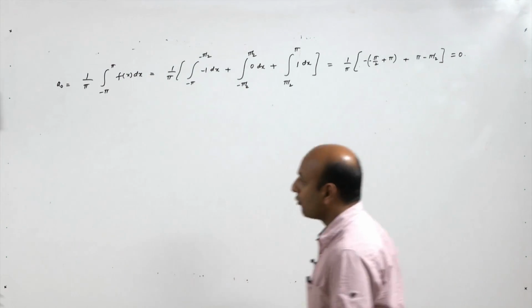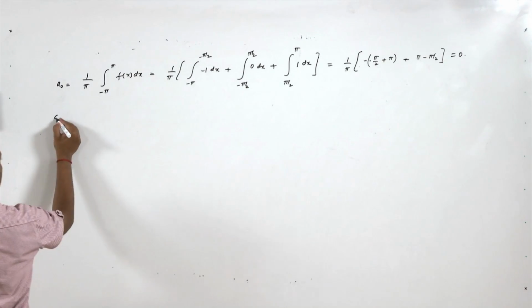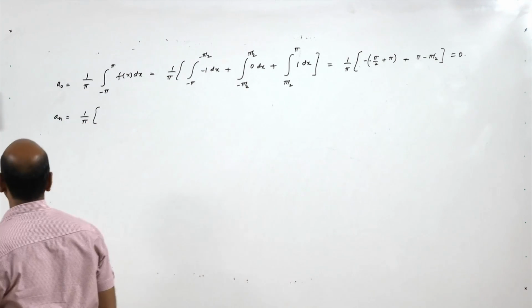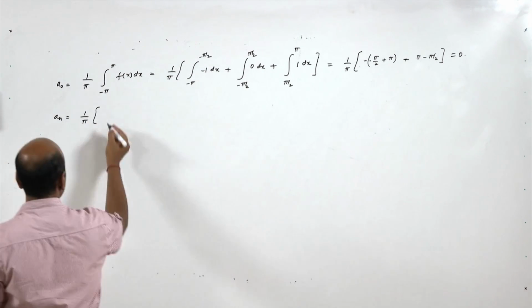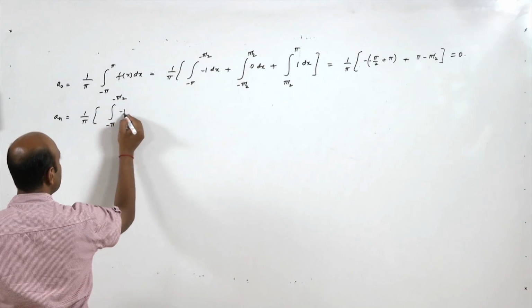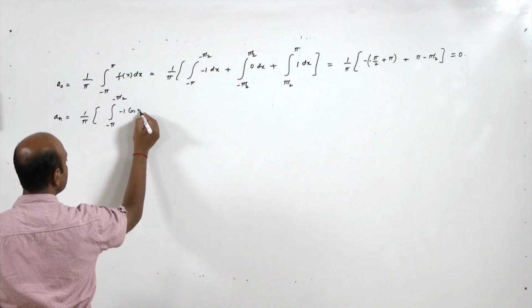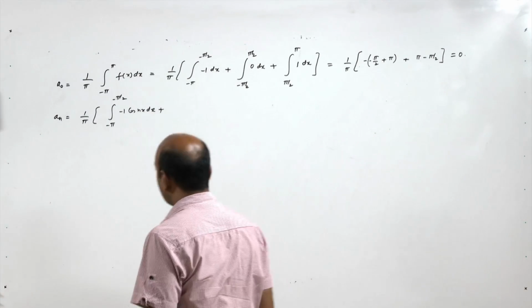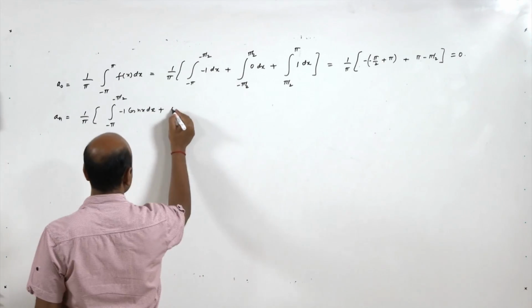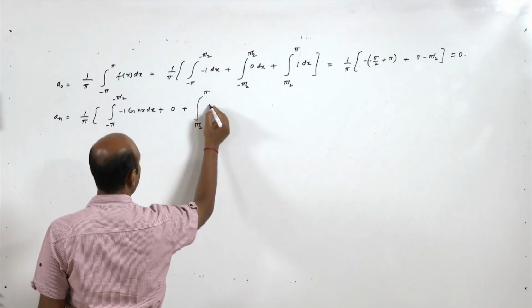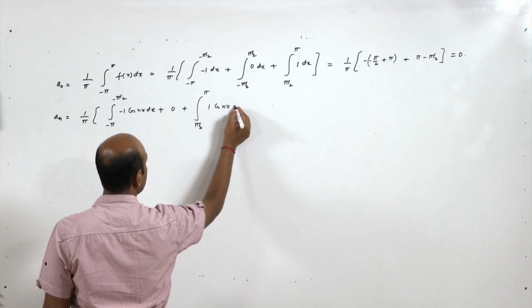Okay. Now, what will be a n? Again a n you can compute, a n will be 1 upon pi, again you will break the interval into 3. From minus pi to minus pi by 2 it is minus 1 into cos nx, from minus pi by 2 to pi by 2 it is 0, no need to calculate that, plus integral pi by 2 to pi it is 1 into cos nx dx.